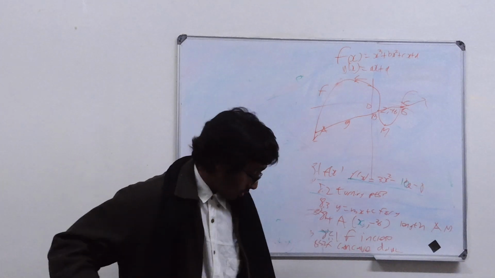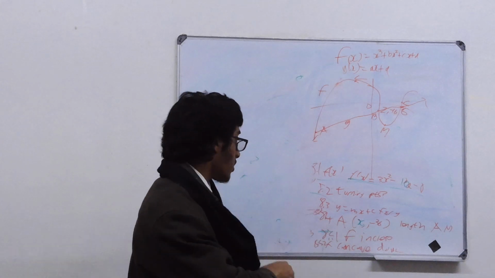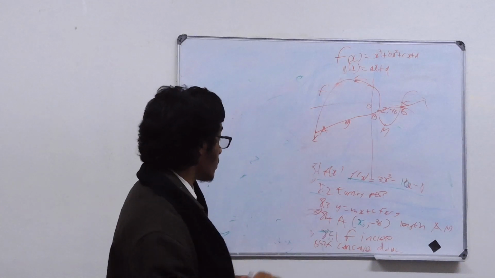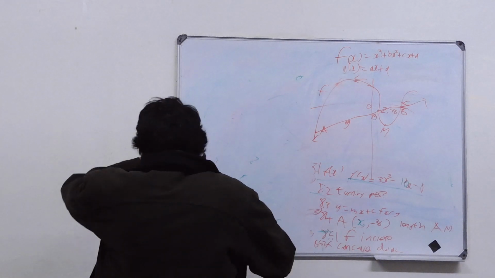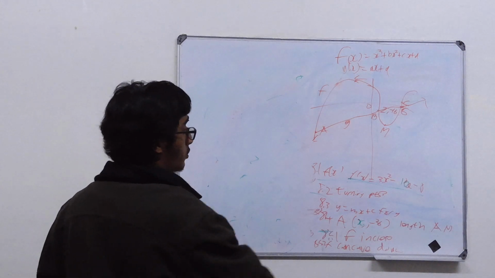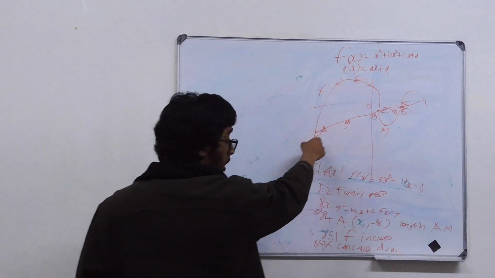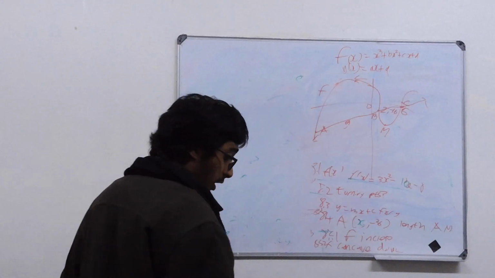What was the next question? Oh, they want the length of AM. They gave us X. So the first thing we do is we substitute. Since G and F, in this graph, both reach point A, we can just substitute either.